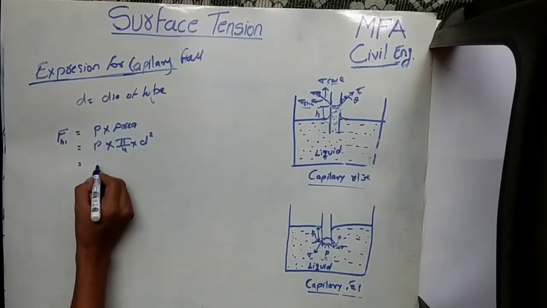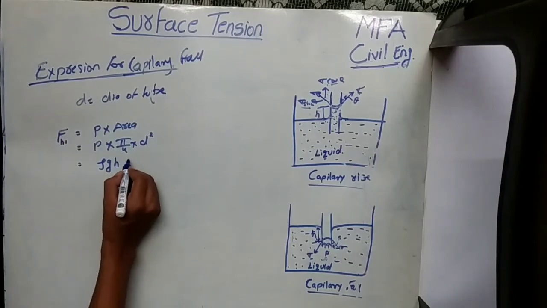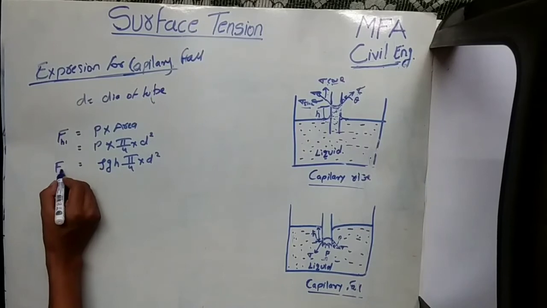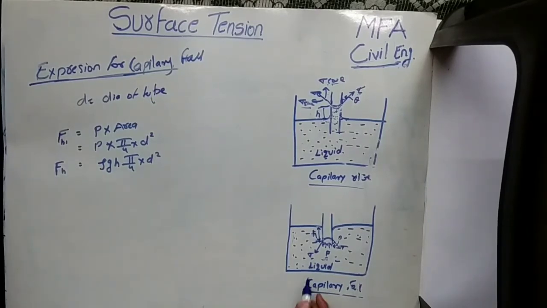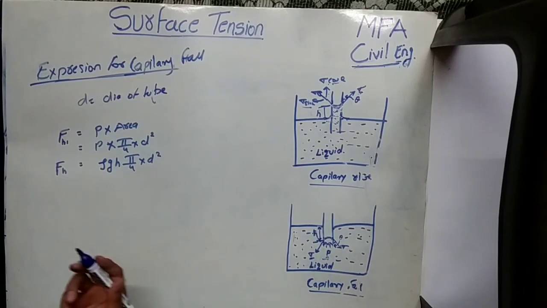Now pressure is equal to, we know that, rho into g h, so the force is rho g h into pi by 4 into diameter square. This is the hydrostatic force. Now the hydrostatic force acting in the upward direction is balanced by the surface tension.